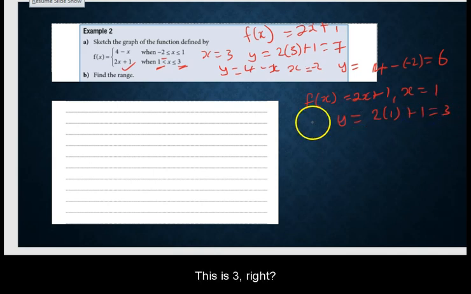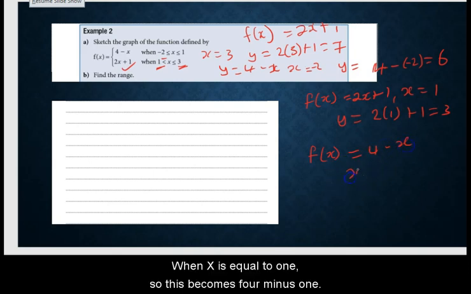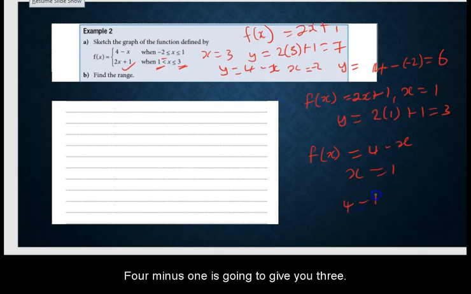This is 3, right? And finally we have the function f of x. We have solved 2x, so now we go back to 4 minus x, right? When x is equal to 1, so this becomes 4 minus 1. 4 minus 1 is going to give you 3.